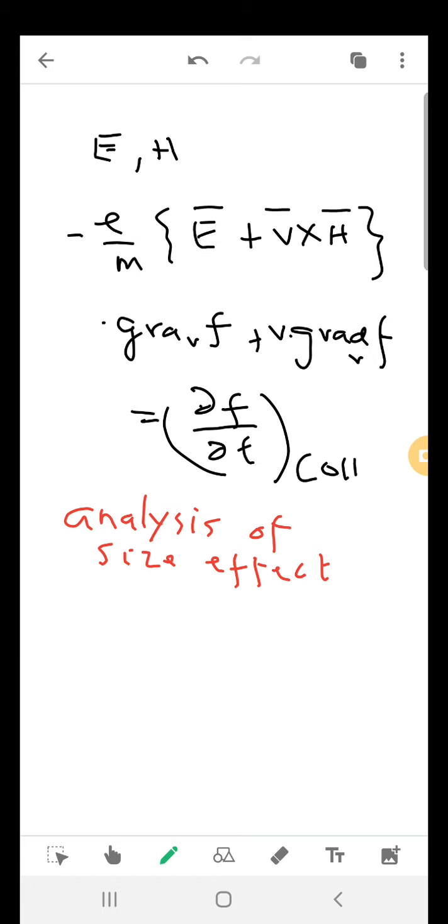So this is the space derivative of F with respect to r, which takes into account the non-uniform distribution in space of the conduction electrons. Since the conduction electrons are non-uniformly distributed in space, that's how this gradient term comes into this equation.